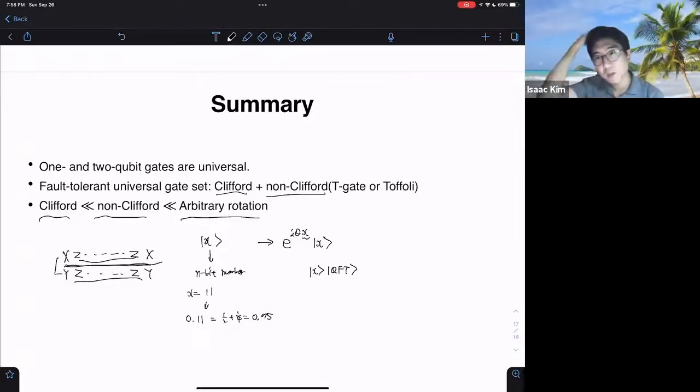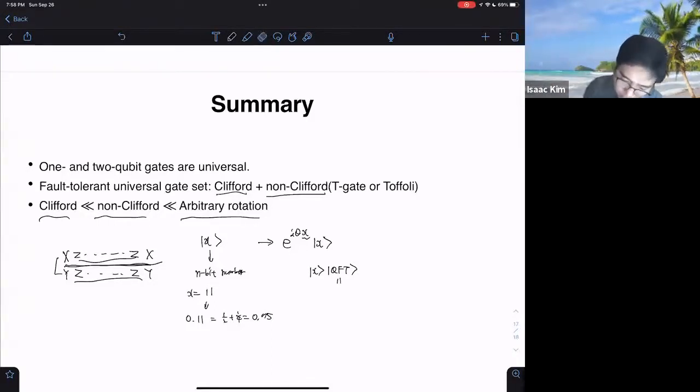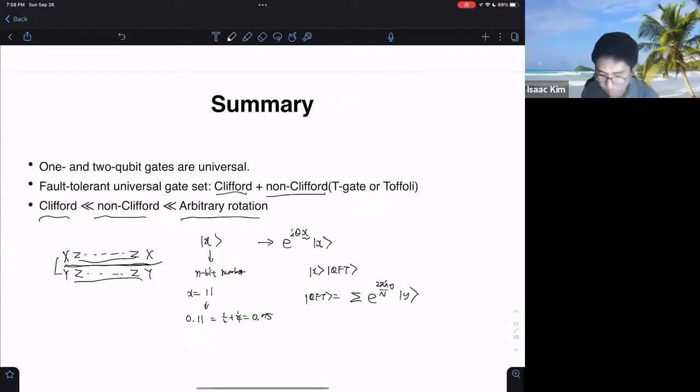You can think of this as a momentum eigenstate.